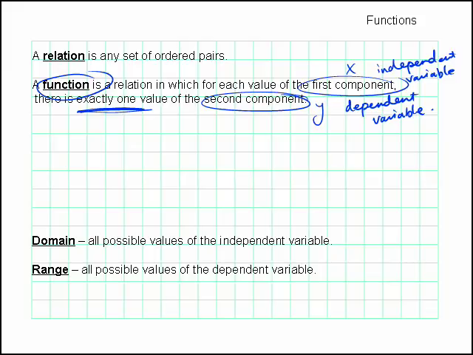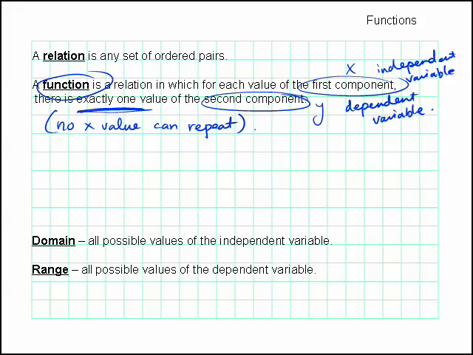The easier way to think of that, in layman's terms, is no x value can repeat. That's really what it amounts to. No x value can repeat. Y values could, that's possible, but no x value can repeat.